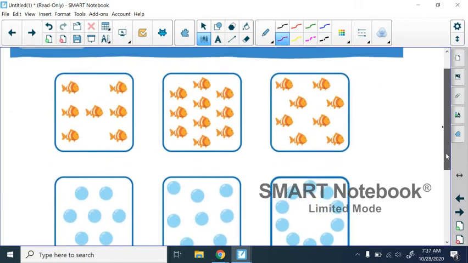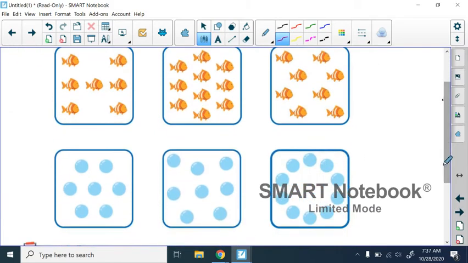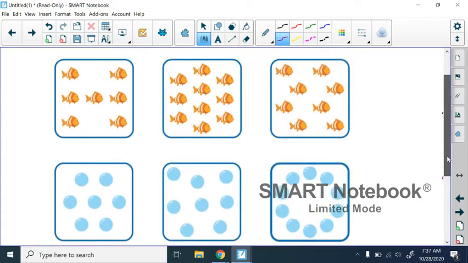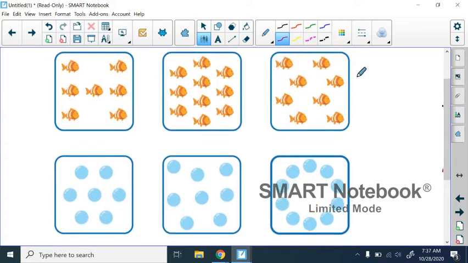All right, friends, for this last workbook page, we're going to be matching the groups of orange fish at the top with the groups of bubbles on the bottom. We're going to draw a line to groups that have the same amount. So I'm going to do one first, and then you're going to finish the rest on your own. So let's take a look at this first top group of fish.